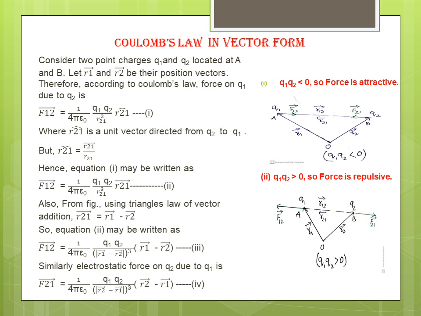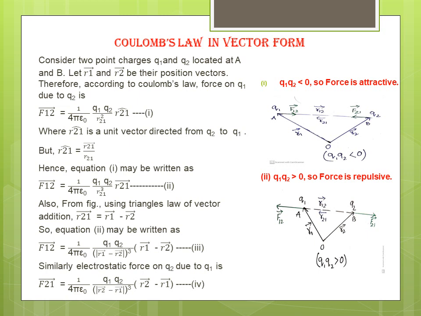As the statement of Coulomb's law says, the electrostatic force between two charges Q1 and Q2 is directly proportional to the product of charges and inversely proportional to the square of the distance.